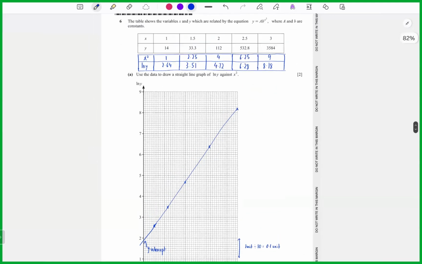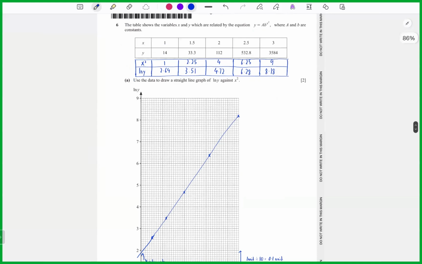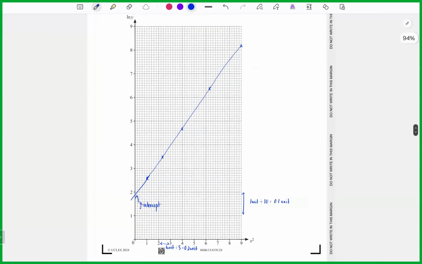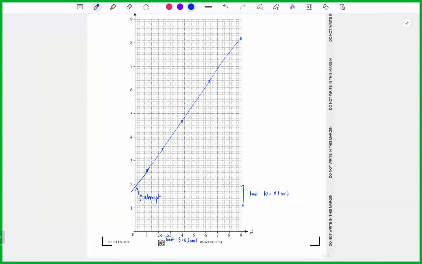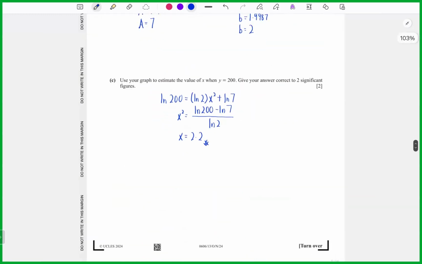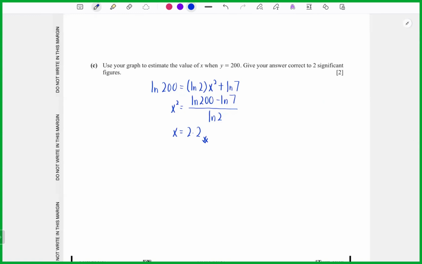Try to look back at this data, because the question didn't give you any negative values, right? So we didn't write the answer as a negative value. Actually we have negative 2.2, but we just ignore it.